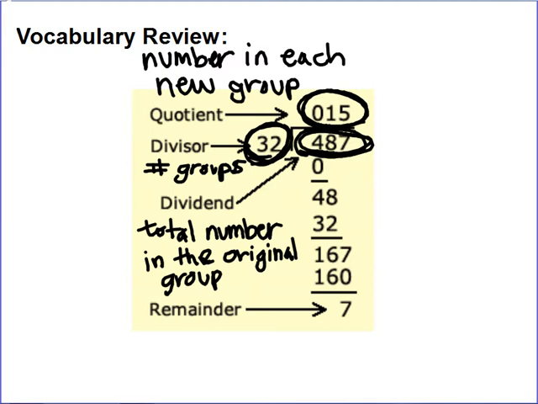Okay? And the last thing, the remainder, that's the number that's left that won't go in evenly to something. The remainder always has to be less than the divisor. If the remainder is larger than the divisor, it's not the remainder. You messed up someplace. Okay? Are we good? All right, so there's our vocabulary.